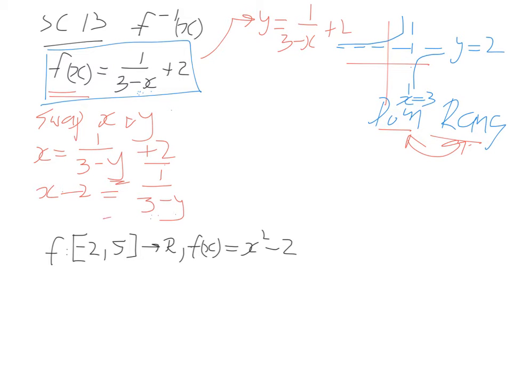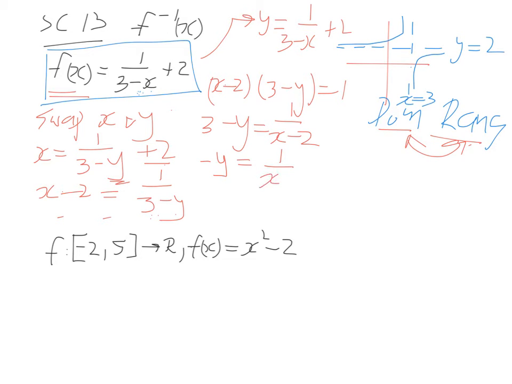Multiply both sides by 3 minus y. So we'll have x minus 2 times 3 minus y equals 1. Now we divide by x minus 2, so 3 minus y equals 1 over x minus 2. And now take away 3 from both sides. Negative y equals 1 over x minus 2 minus 3. Multiply everything by negative 1. y equals 3 minus 1 over x minus 2.